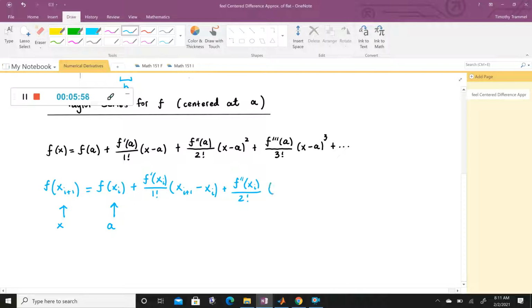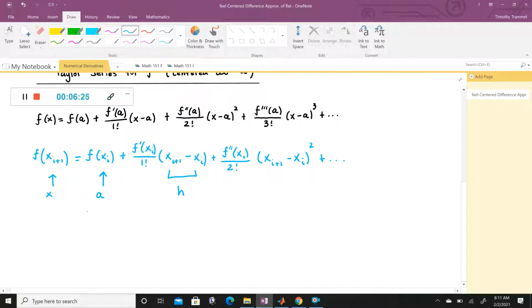And then this is going to be times x sub i plus 1 minus x sub i squared. So we see what x and a are. We're going to also call this right here h. And so then this would be h squared here. And I do want you to note that this Taylor series would keep going.